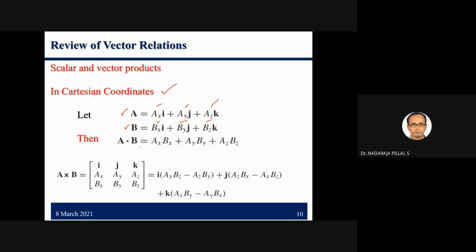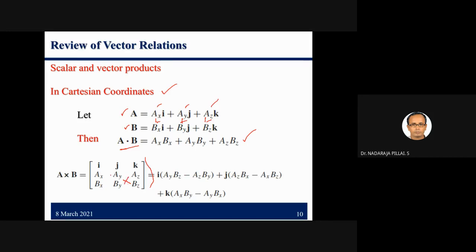Now, A dot B. So this is the scalar product. It can be represented as AxBx plus AyBy plus AzBz. Now, how about the cross product? A cross B. If you want to represent this A cross B, you can represent it in this form. And we can write this as i into (AyBz minus AzBy).